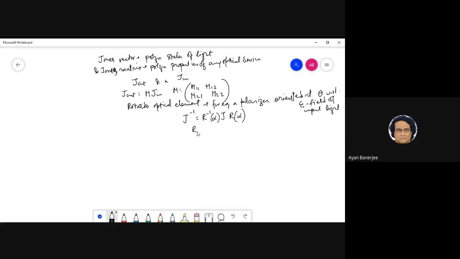This R alpha is the well-known rotation matrix: cos alpha, sin alpha, minus sin alpha, cos alpha. So using this, you can get anything. Essentially, your Ex dash, Ey dash is equal to J11, J12, J21, J22 times Ex, Ey.